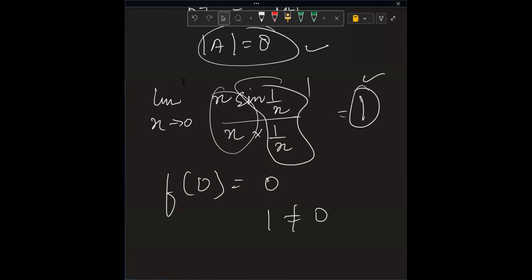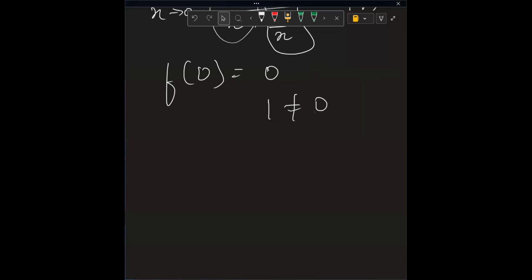Then you have to find the differentiation of this, that means dy by dx at x equals to 0. So you were saying that the answer for this question was... let me solve this.